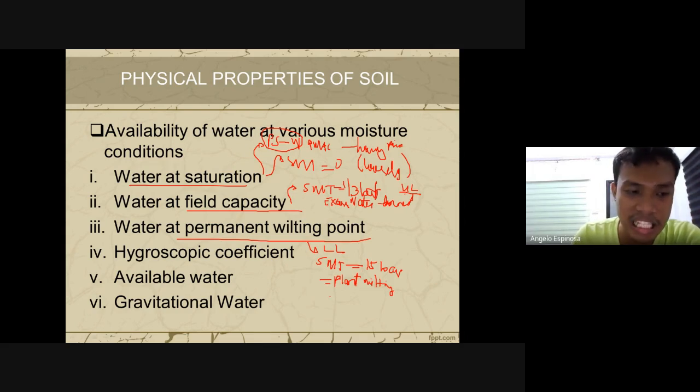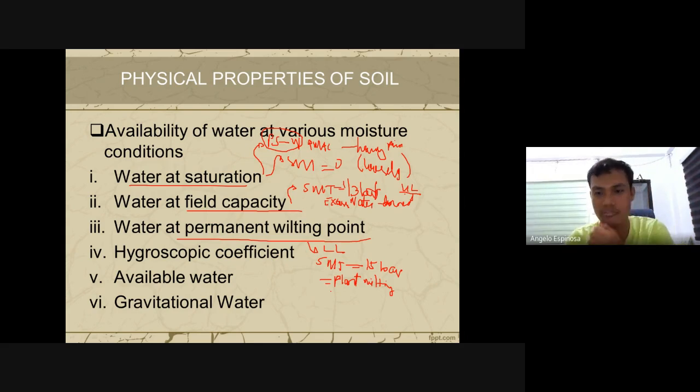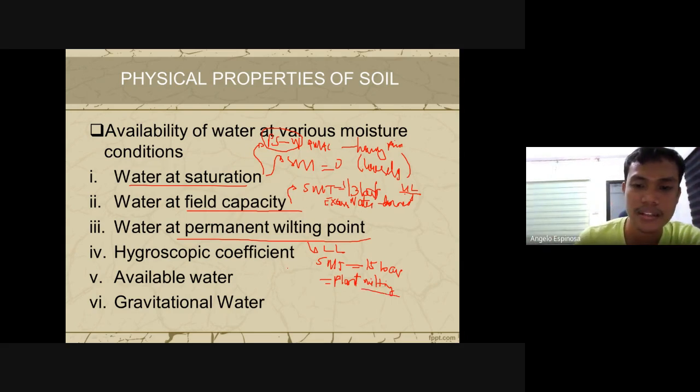So, ibig sabihin, hindi niya kayang mag-provide ng kahit maliit na moisture because of the moisture tension. Ibig sabihin, yung plants mo ay nangangailangan ng water kapag malakas ang moisture tension. So, kaya yun, nagwi-wilting or naglalanta. So, that is in 15 bar.